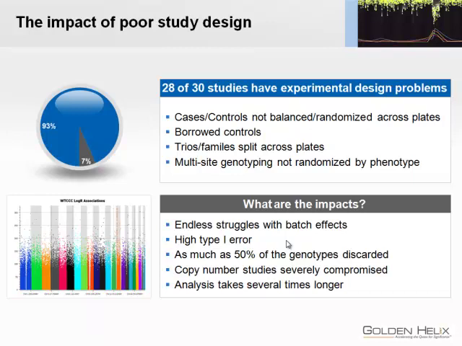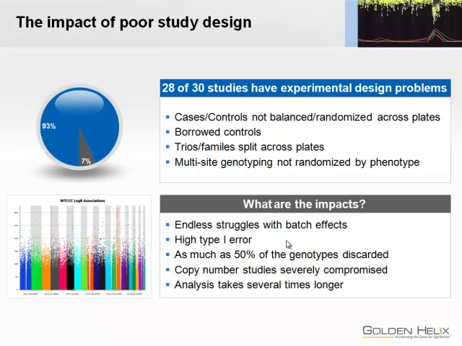So typically they run 96 samples on a plate or 48 samples on a plate. And if you do all your cases on one set of plates and all your controls on another, the experimental difference between those will cause spurious associations that are a function of the experimental difference from plate to plate.